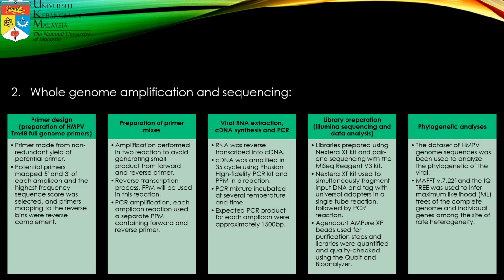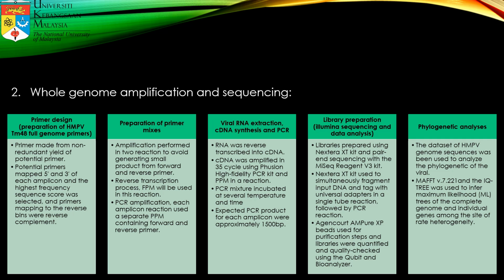Then they go to viral RNA extraction, cDNA synthesis, and PCR. They do the reverse transcription process to generate the cDNA, and then for the cDNA they use the PCR mixture to incubate at several temperatures and times.